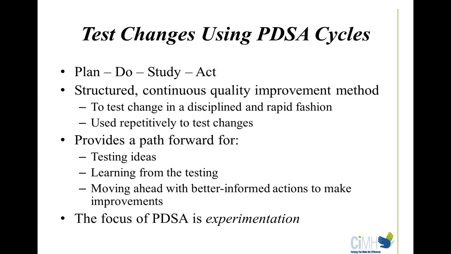The experimentation culture is necessary for PDSAs to really bear fruit for an organization. So you'll see as you go through these and learn about these components that experimentation, that sense of learning and being open to failure is a predominant theme.